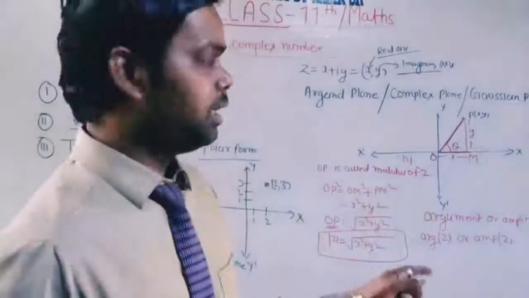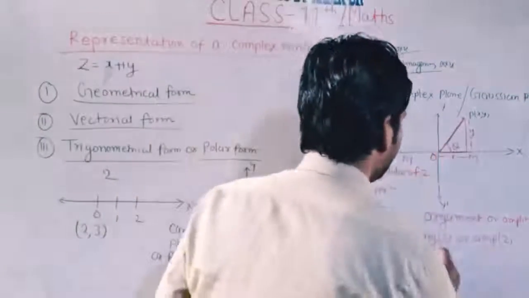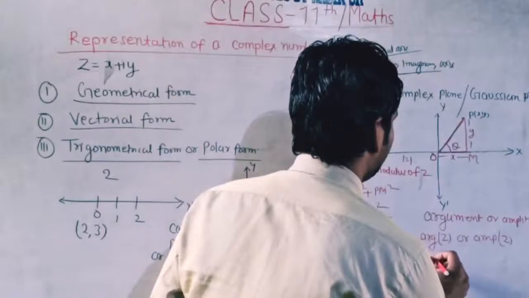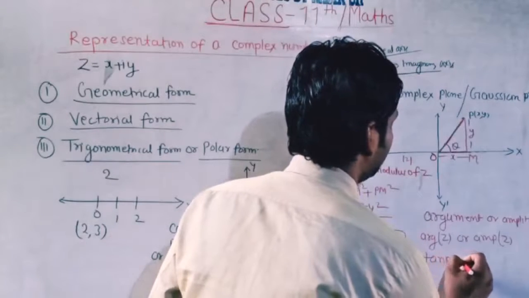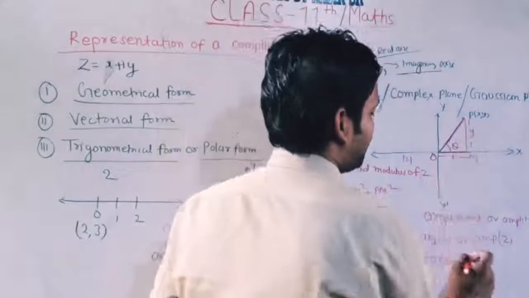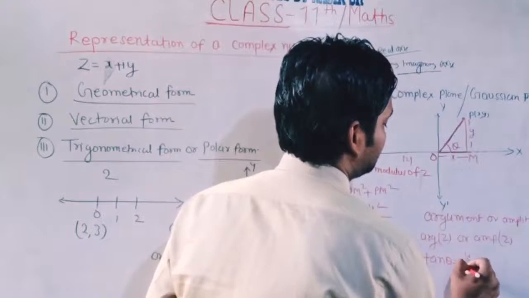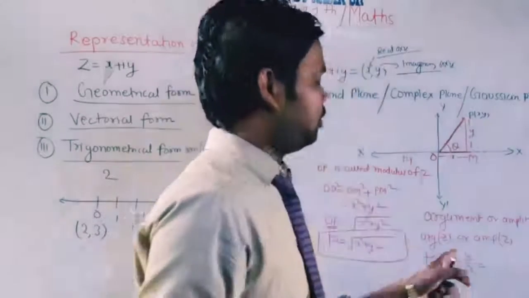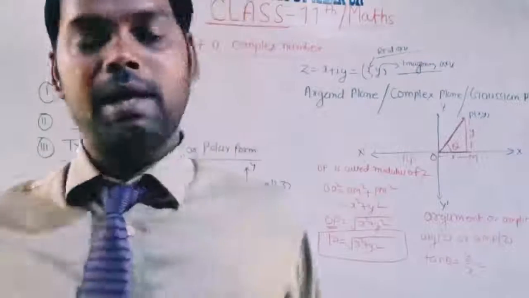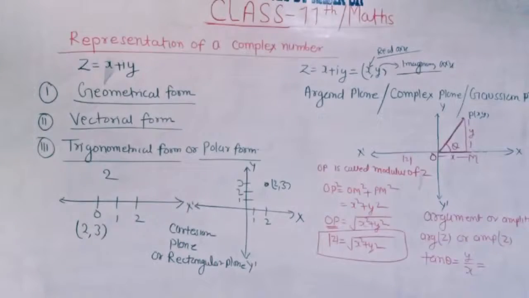The angle theta is calculated using the formula tan theta equal to y upon x, perpendicular upon base. Here y is the imaginary part and x is the real part.